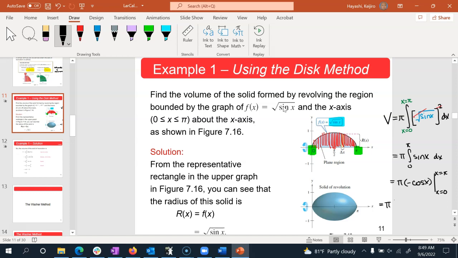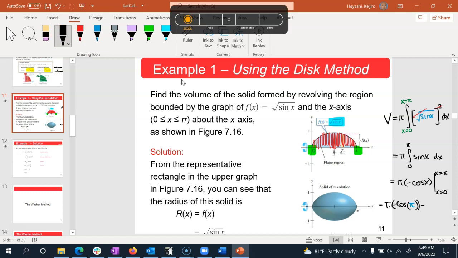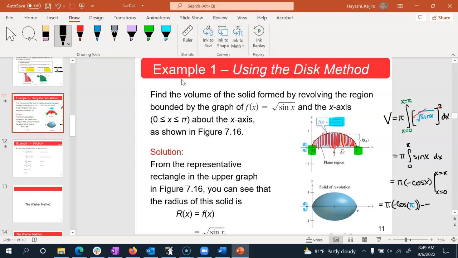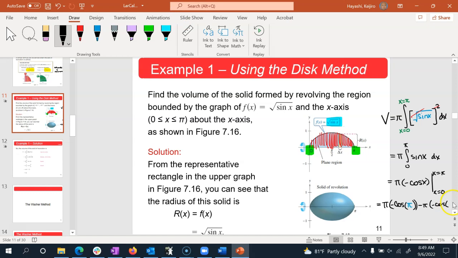So that's pi times negative, and you can factor out the negative sign if you want, but pi times negative cosine of pi. That's what's going to come first. Minus the same, except you're going to plug in 0. So minus pi times negative cosine of 0.